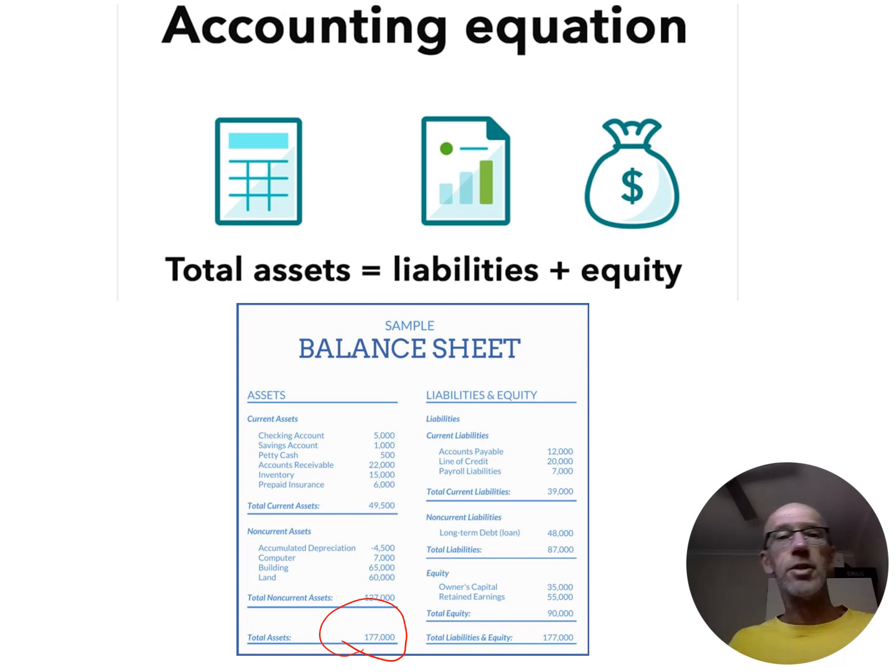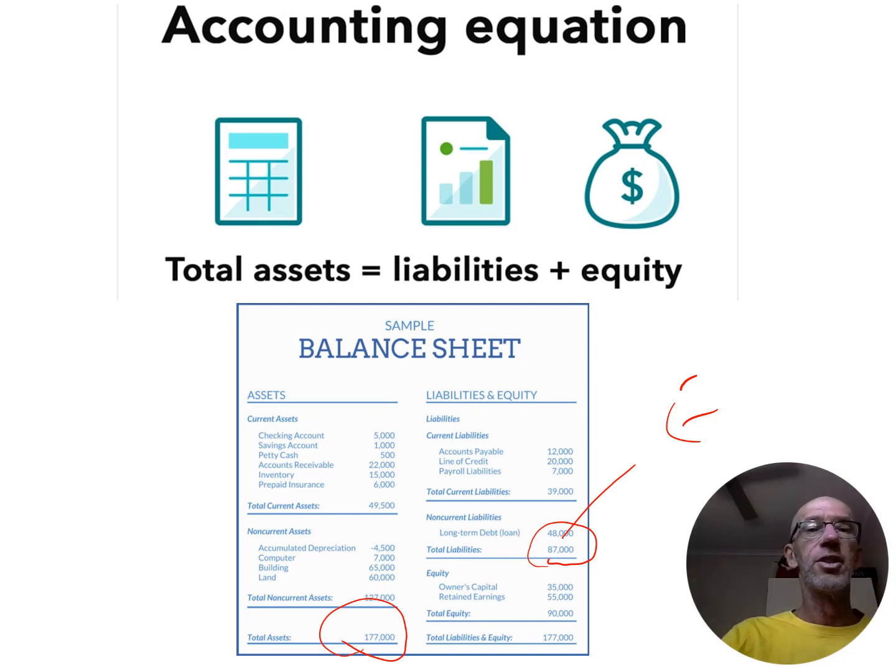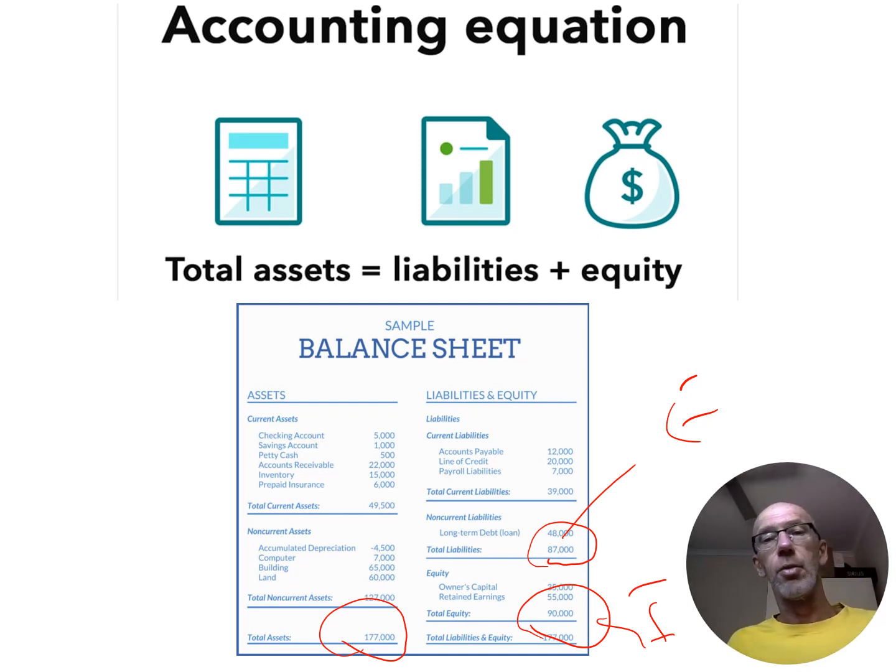On the credit, the right side, we have our equities, made up of our external equities, which are our liabilities, and then the residual interest, which is our internal equity, underneath that, our owner's equity. Assets equal the equities of the business, made up of the external claims versus the internal claims.